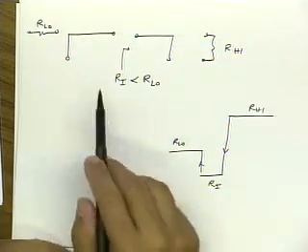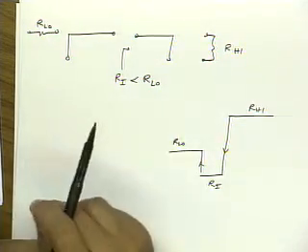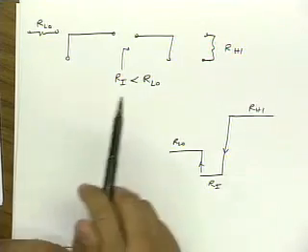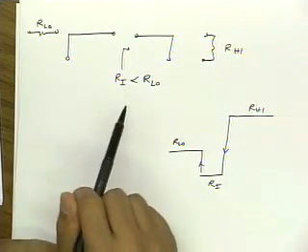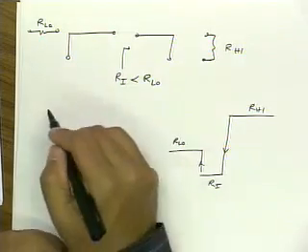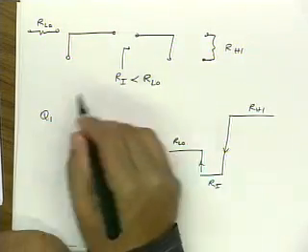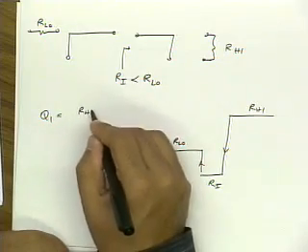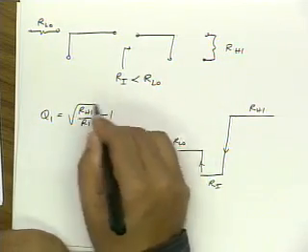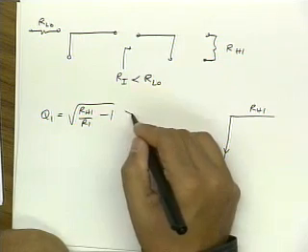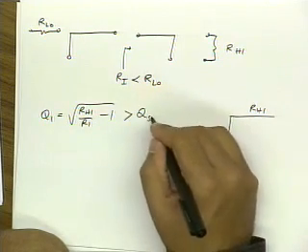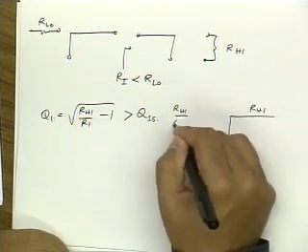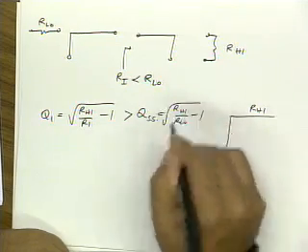Well, for one, it's another degree of freedom, right? Just like before, where I decoupled the Q from the impedance matching ratio, you might guess that I've also done that here. Because if I look at Q1, the Q of the first stage, it's the square root of R high over Ri minus 1, and this is actually greater than the Q of a single stage, which is the square root of R high over R low minus 1.